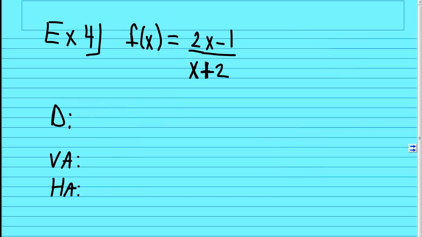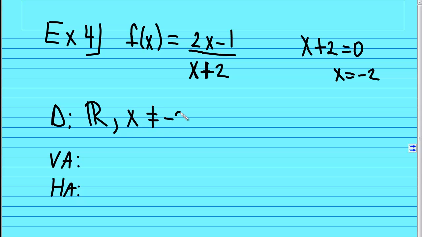Example 4. Set the denominator equal to 0 and solve. My domain is all real numbers except where x is equal to negative 2. So it's every number but negative 2. That's what makes this equal to 0. My vertical asymptote is x equals negative 2. Horizontal asymptote: the highest degree in the numerator is 1.